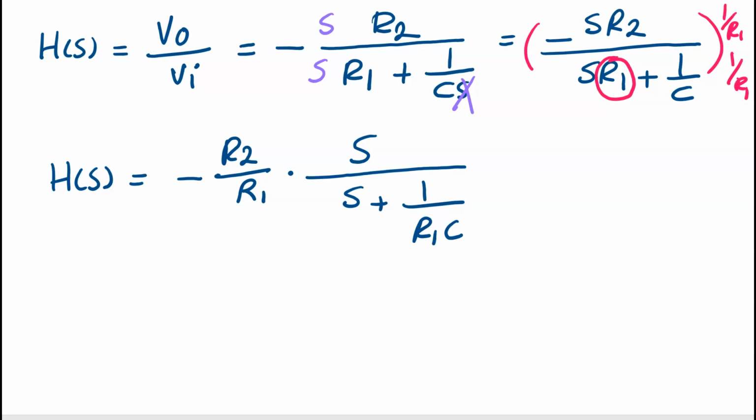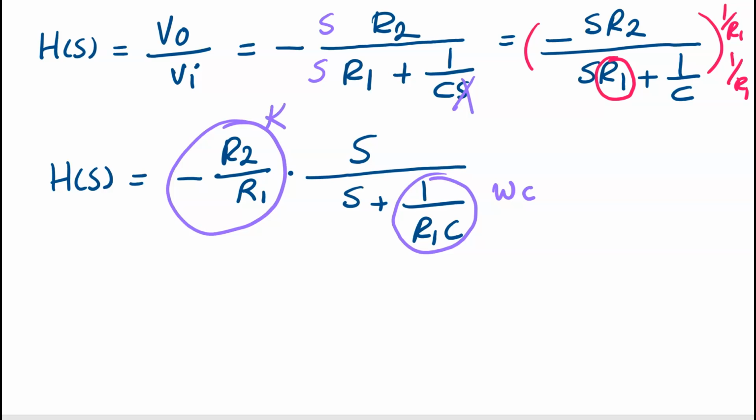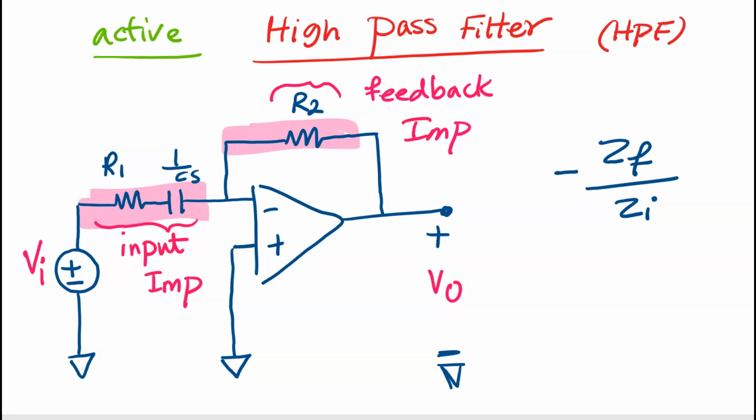And in this high pass filter, 1 over R1C is my cutoff frequency, and the coefficient of S in numerator is going to be the gain. So here, as you can see, this is a high pass filter in which the gain of this circuit is equal to minus R2 over R1, and omega C is equal to 1 over R1C.